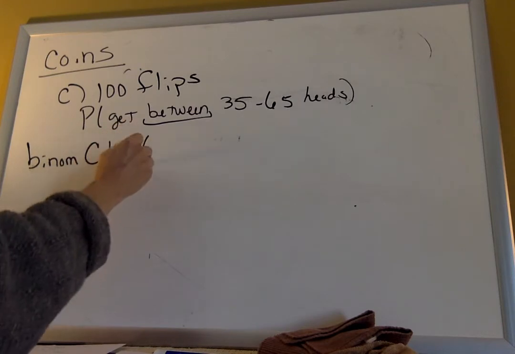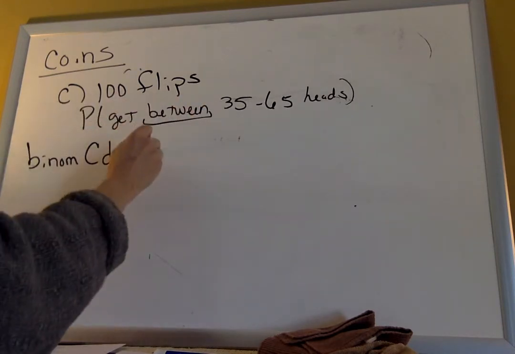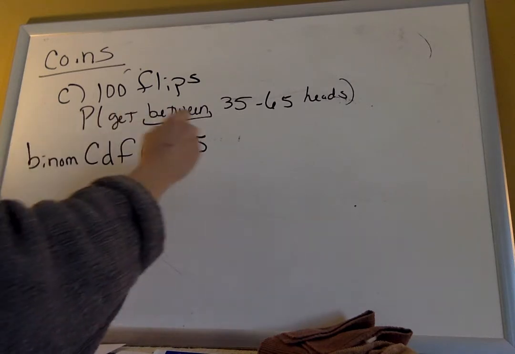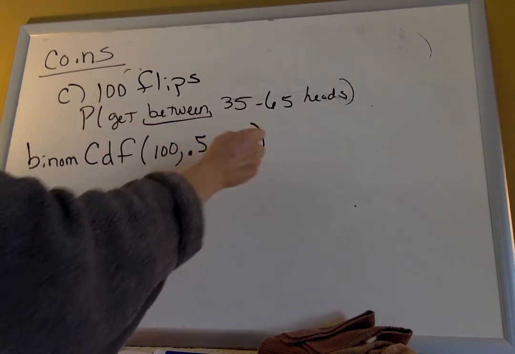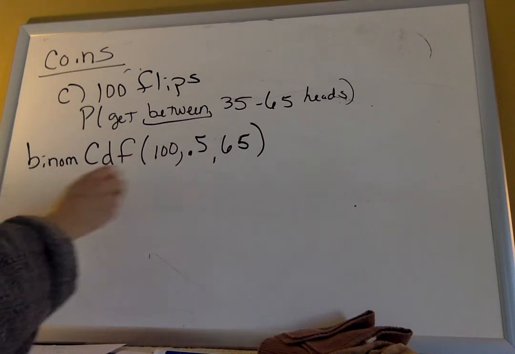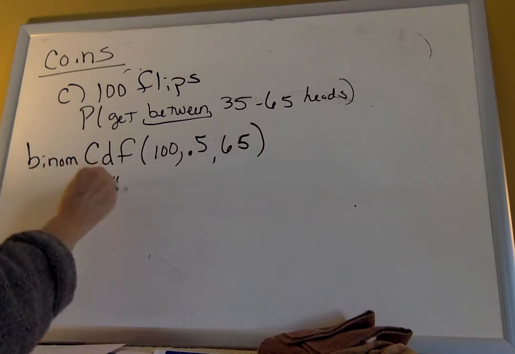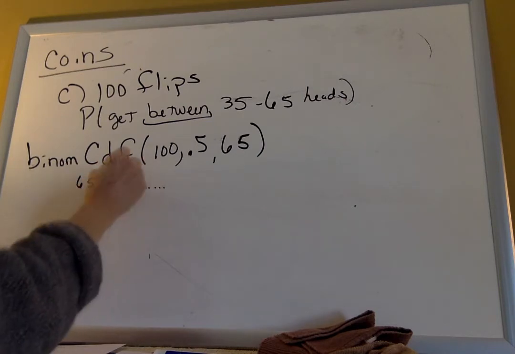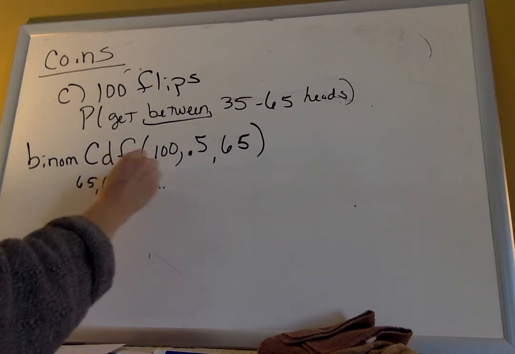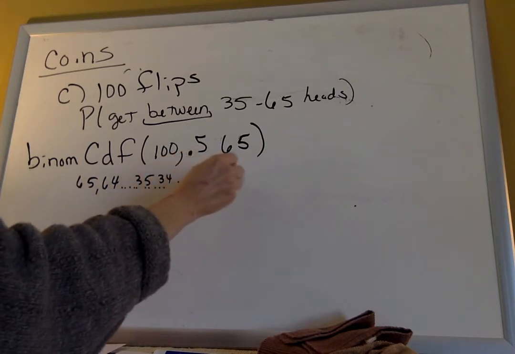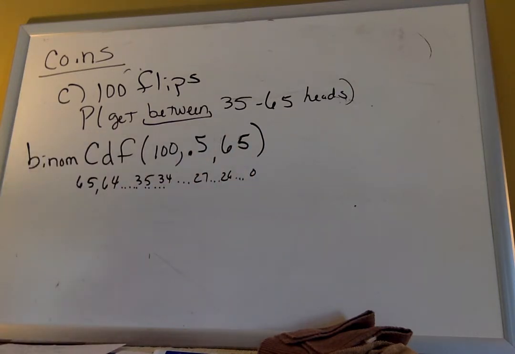Let's get the cumulative at 65. So there was 100 flips. A head is 0.5. I'm going to run it at 65, okay? But now think about what this just gave me. This gave me 65, 64, down, 35, 34, 27, 26, all the way down to 0, right?